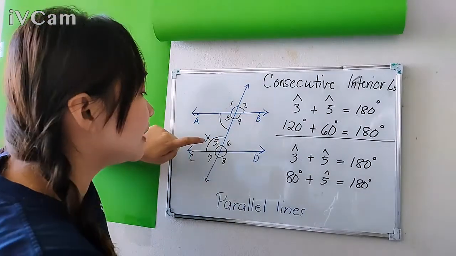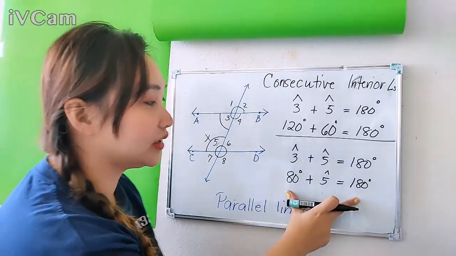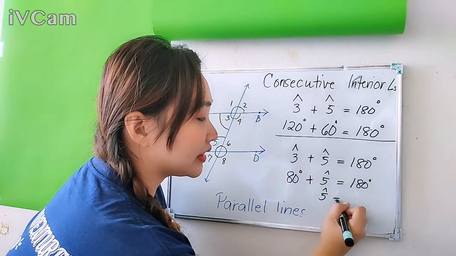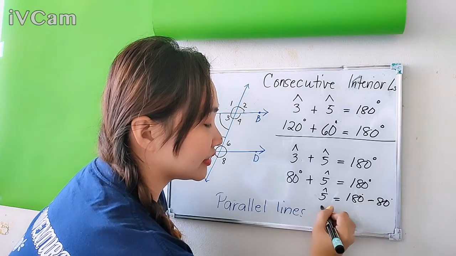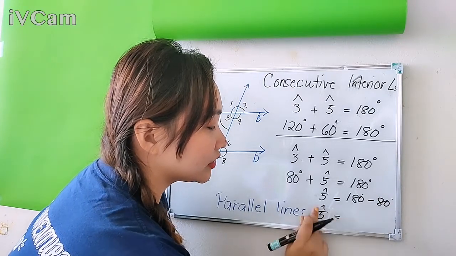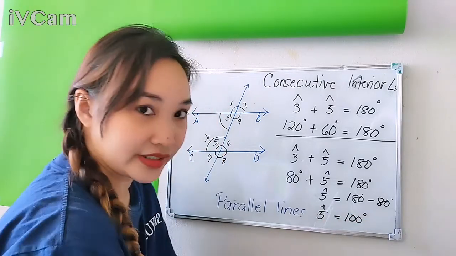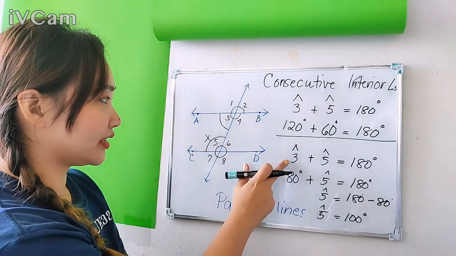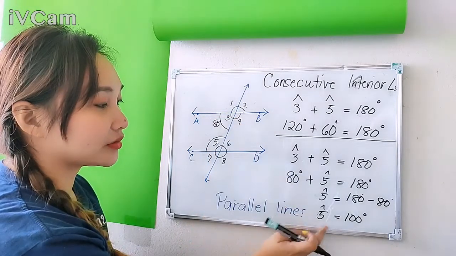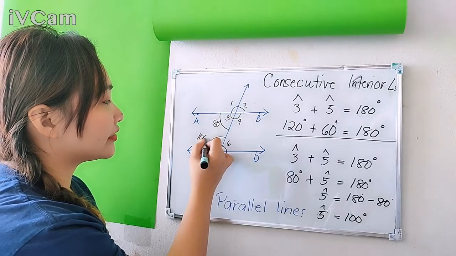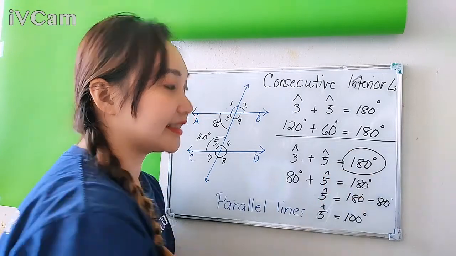Using this one, angle 5 is equal to 180 minus 80 degrees, that is 100 degrees. So if angle 3 is 80 degrees, therefore angle 5 is 100 degrees. Now the total should be equal to 180 degrees. Alright?